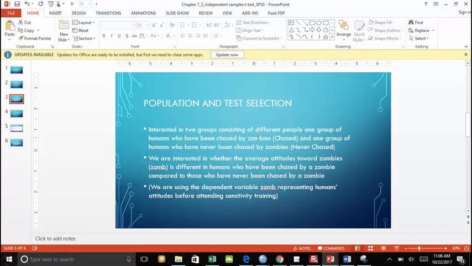So we're interested in two groups consisting of different people: one group of humans who have been chased by zombies, that's the chased group, and one group who have never been chased by zombies, that's the never chased group. And we're interested in whether average attitude towards zombies, that zomb variable, is different in humans who have been chased by a zombie compared to those who have never been chased. So we're using that dependent variable, that first column, zomb, representing humans' attitudes before they attended any kind of sensitivity training.